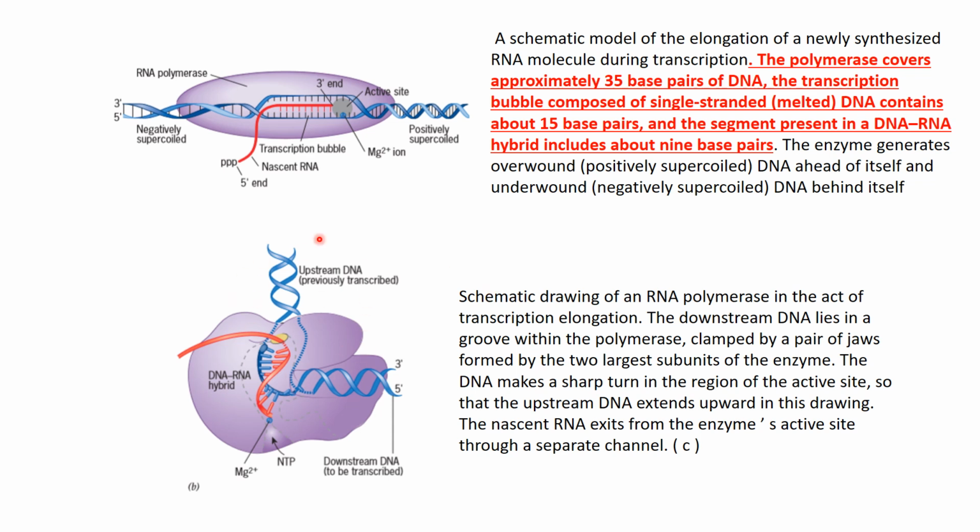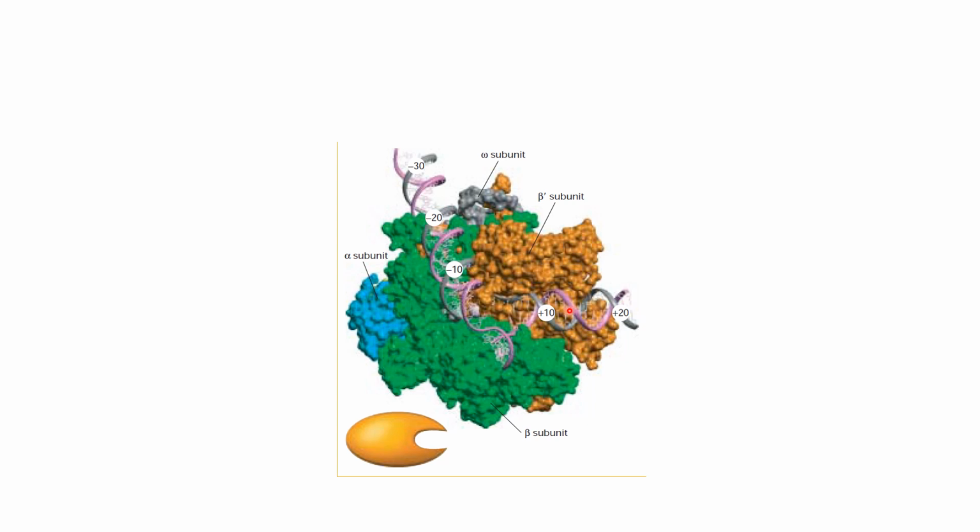This RNA polymerase, as we can see in this diagram, is in the form of a jaw. And in this jaw, it is holding the DNA double strand as well as the hybrid. This will be more clear in the next diagram. Now, see, this was the jaw we were discussing in the previous slide. This is the omega subunit, which helps in association of all these four subunits. Here is the beta subunit, and here are two alpha subunits.